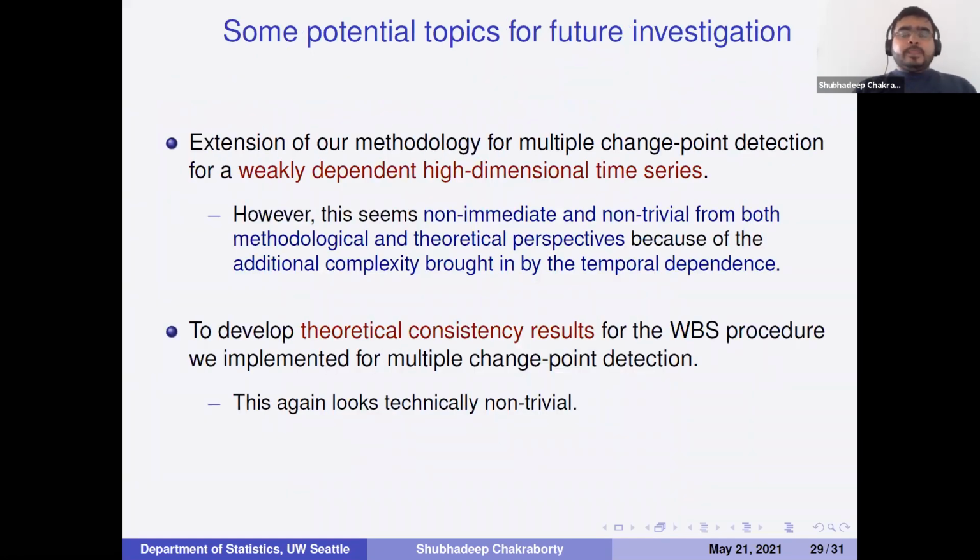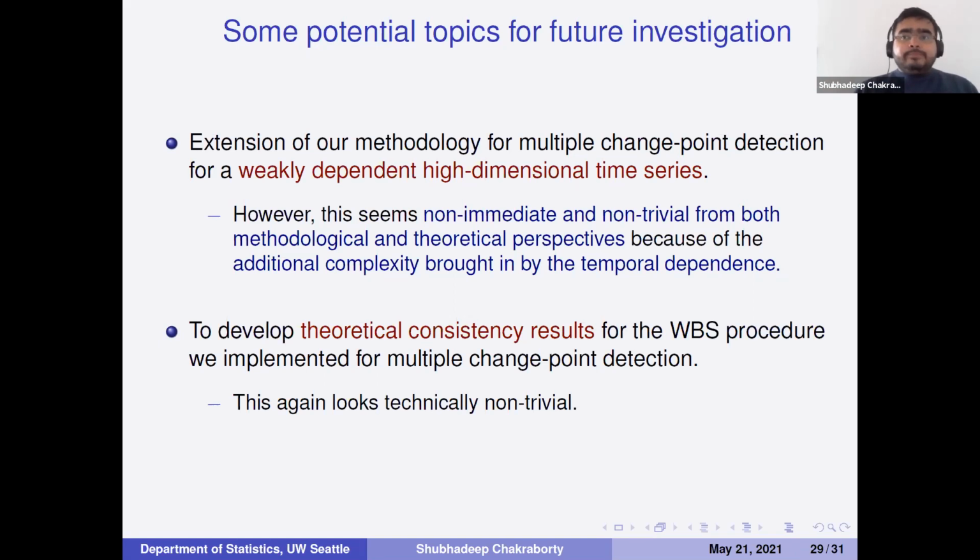To finish my talk, just a couple of discussions on potential topics for future investigation. It is indeed a very interesting topic with plenty of open questions. For example, in developing our methodology, we developed it for an independent sequence of time ordered observations.